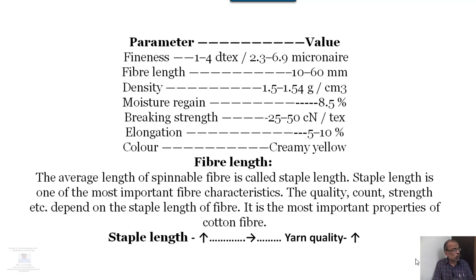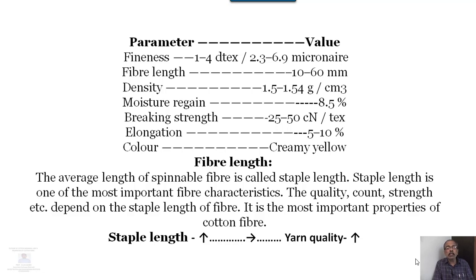Length is vital because how much superimposition or overlapping of the fibers it will allow will govern not only the extension at break or tenacity of this material, but at what limit it can succumb to the applied pressure. That is going to be governed by this length, and whether we can make a fine yarn out of a certain fiber or not is again decided by the length also. So that way the length plays a very important role.